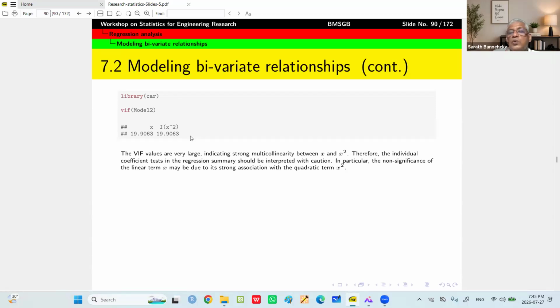You have to interpret them with caution, so those t tests and so on will not show the correct results. In particular, the non-significance of the linear term x may be due to its strong association with the quadratic term.